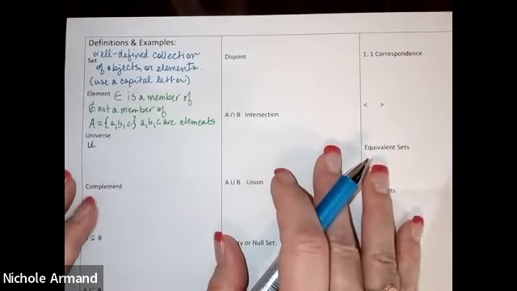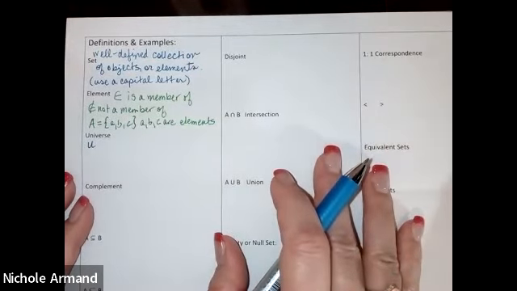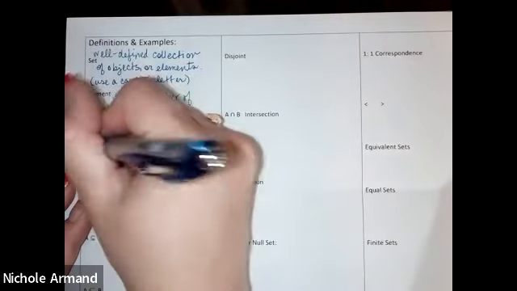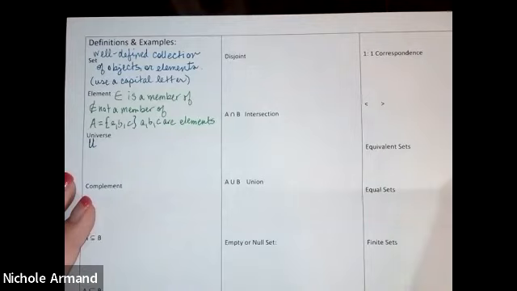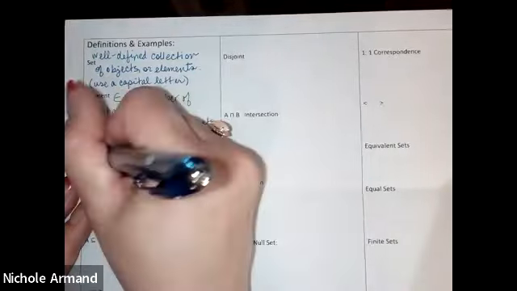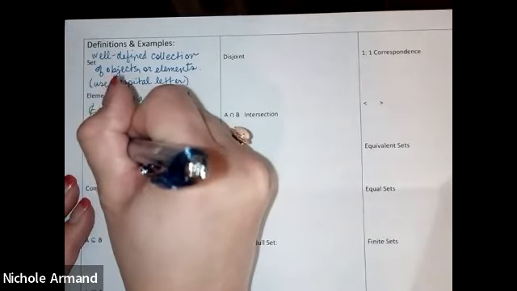Here we go. The U is a big set, so it's a capital U. And it is thus the universe of possible objects or elements.